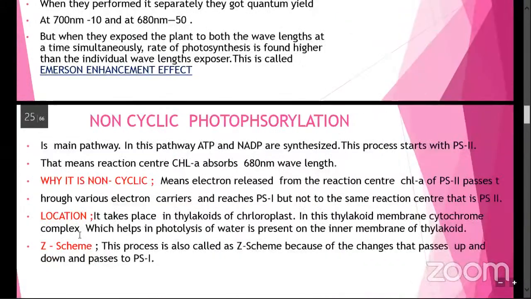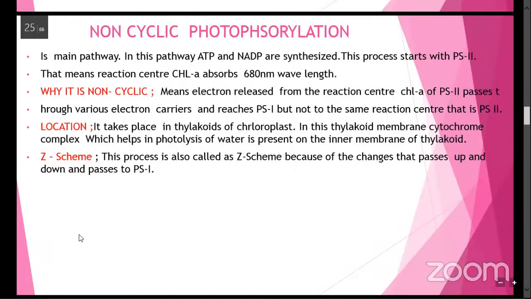Next, the light reaction. Under the light reaction process, there are two phases. One is non-cyclic photophosphorylation. What does it mean? We know the meaning of photophosphorylation: in the presence of light, phosphorylation means synthesis of ATP. ATP molecules are synthesized in the presence of light. Then what about non-cyclic?